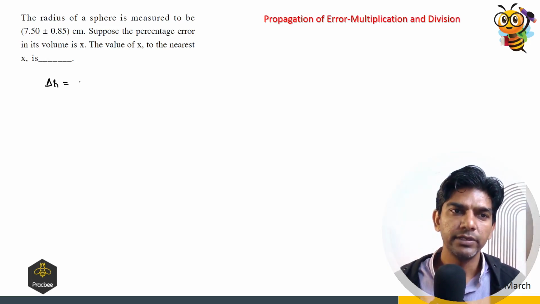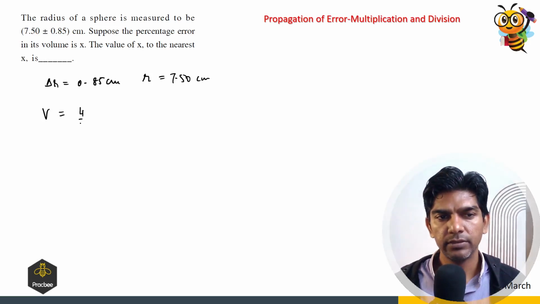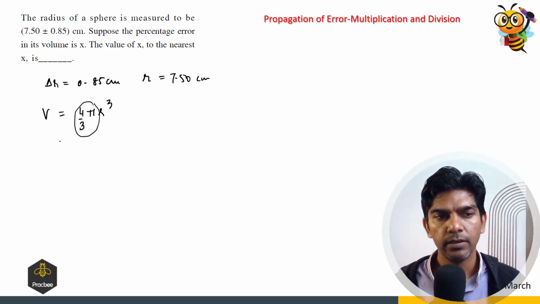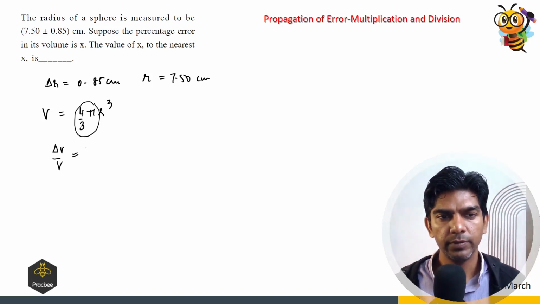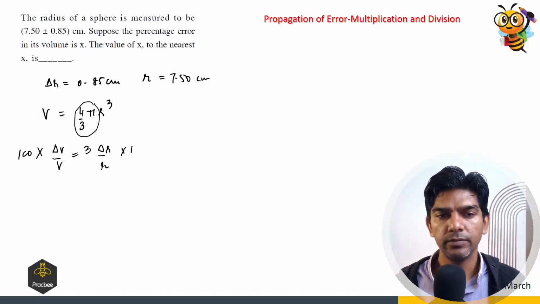Delta R is given as 0.85 centimeter and R is given as 7.50 centimeter. And volume of a sphere is 4 by 3 pi r cube. So 4 by 3 is constant. So the relative error in volume will be 3 times the relative error in the radius. And if we want to find the percentage error, let us multiply this with 100.